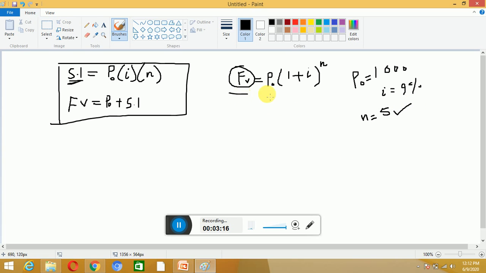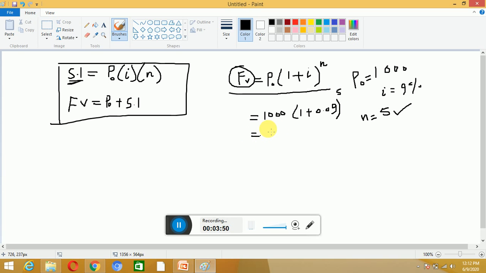This is the simple formula, just put the values in it. Present value is 1,000, 1 plus interest is 9%, so 0.09, and the number of years is 5. This is N, it is in the power, so raised to the power 5.